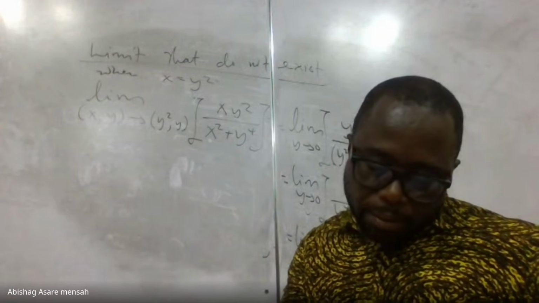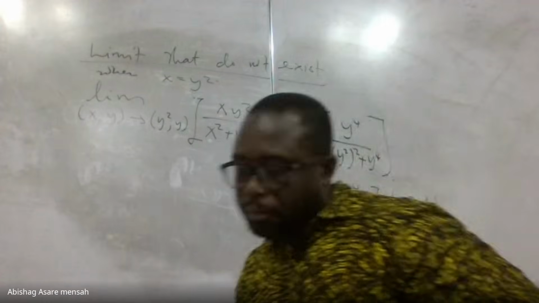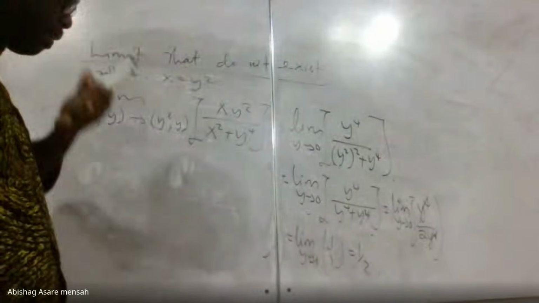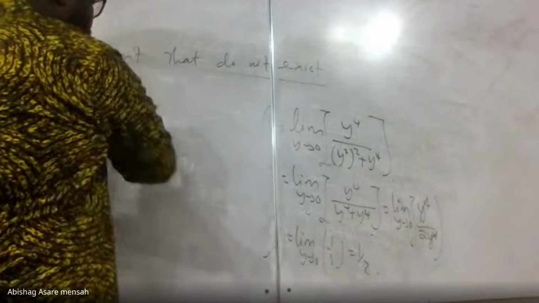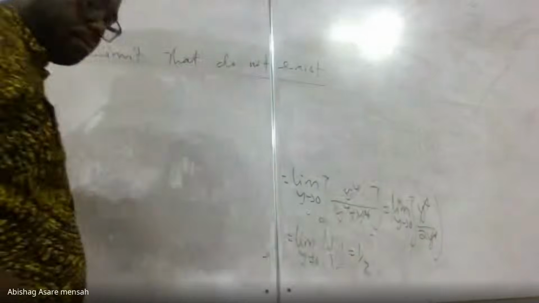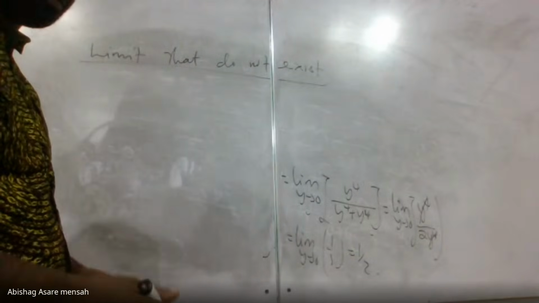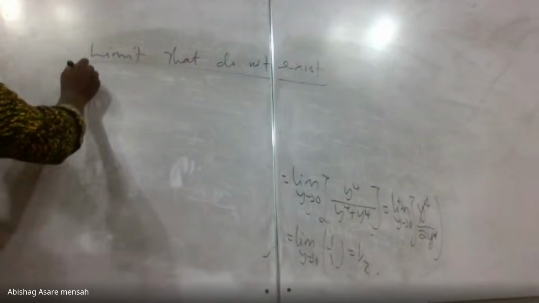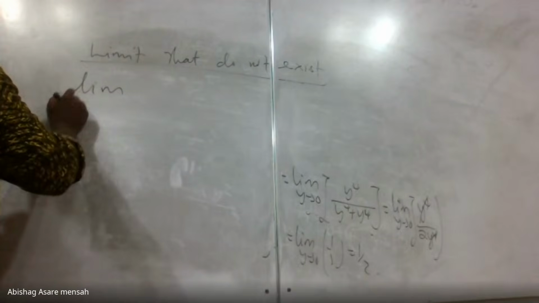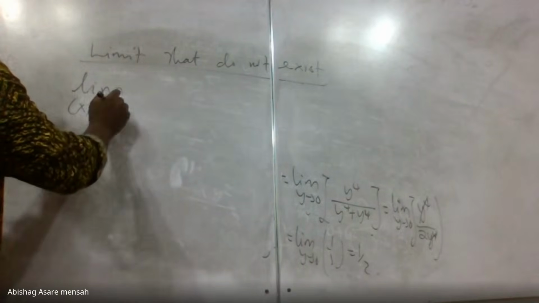Okay, let's take another one. So we are looking at different questions. Please pay attention to them. This time I have to show that this one exists, but does not.